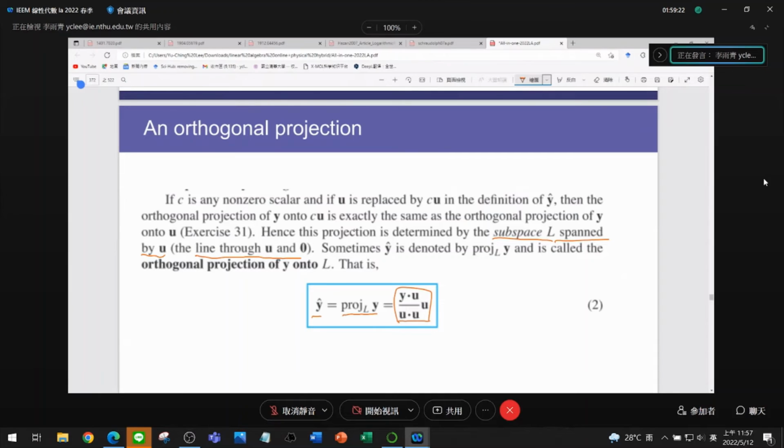So u is the basis in that subspace. So sometimes y hat is denoted by proj_L y, orthogonal projection of y onto L. And the formula is the same as the derivation using that alpha scalar.